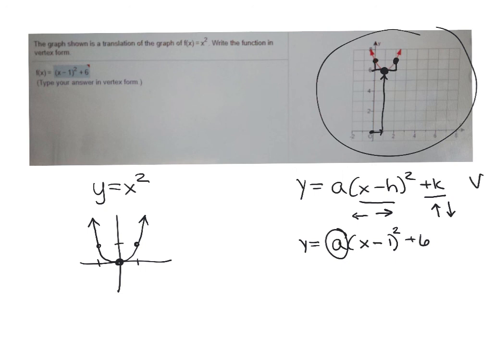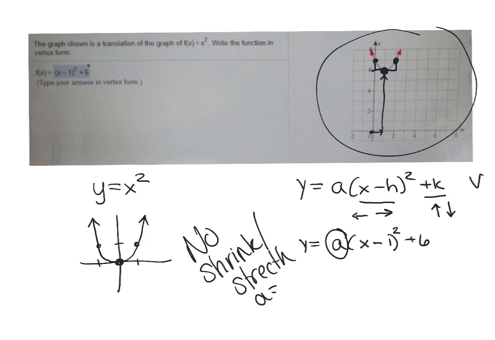And if it is, then there is no stretch or shrink, which means your A value is equal to 1. So in math, because we're lazy and we don't like to write, we just eliminate that 1. If you wanted to, you could technically put the 1 there. Most people will not do that.